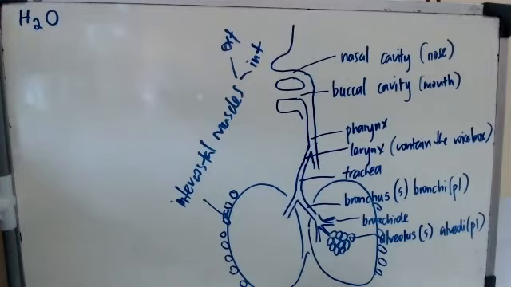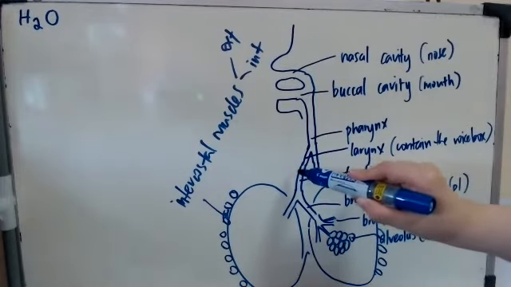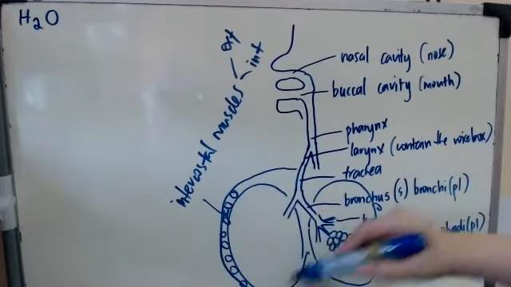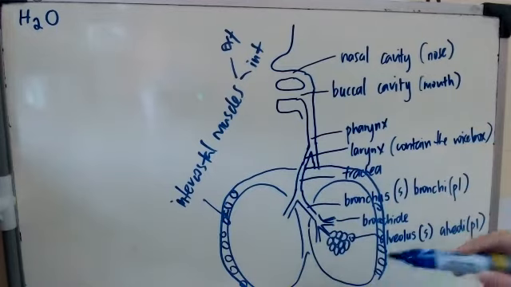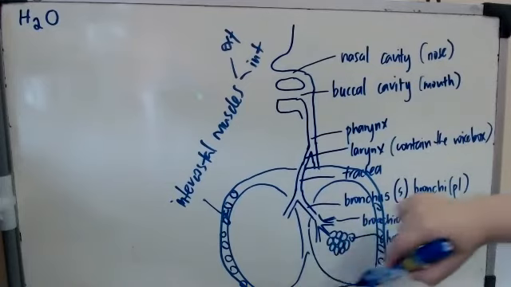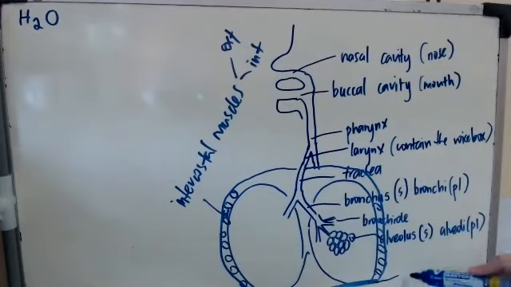And then you have the trachea. The thoracic cavity is basically surrounded by, it's actually where the rib cage is. This whole thing is the thoracic cavity. And then here is the diaphragm.